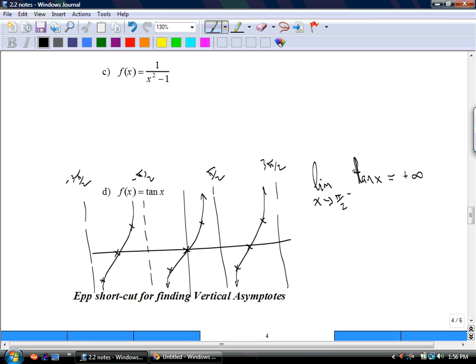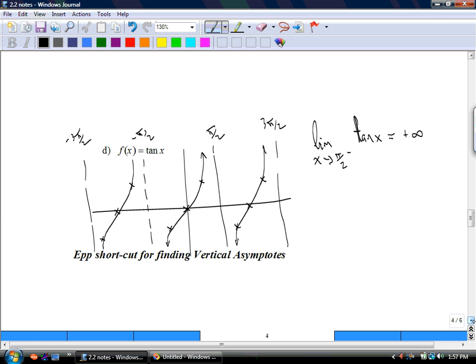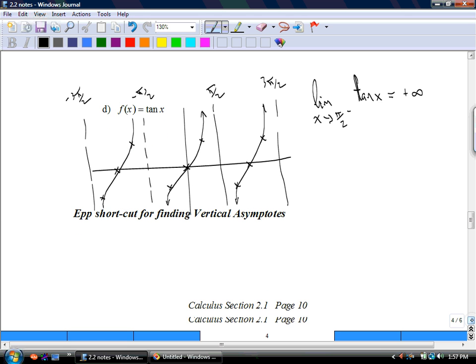How many limit statements would we have to write if we wanted to write all of them down? An infinite number. Okay, here's a shortcut for finding vertical asymptotes.